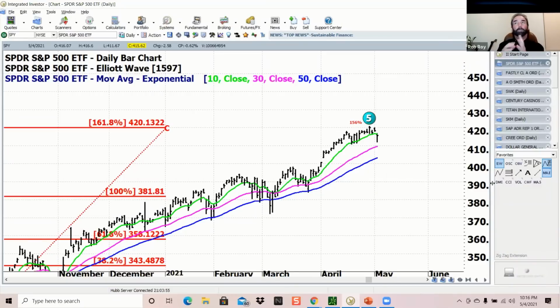So my point is, the indicators that I look at are complementary to Elliott Wave, and Elliott Wave works better the more liquid the issue is, because Elliott's desire was to mathematically predict the behavior of the masses based on their past behavior, feeling like fear and greed don't change.